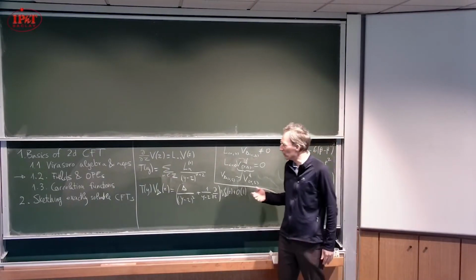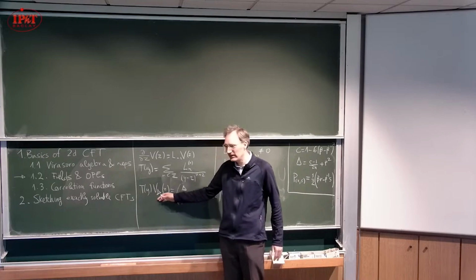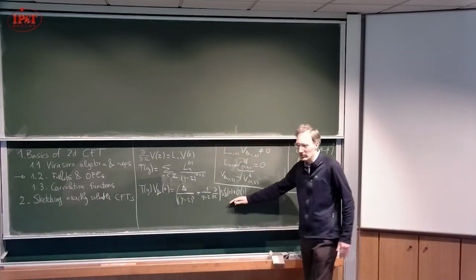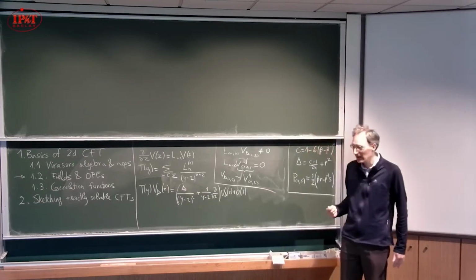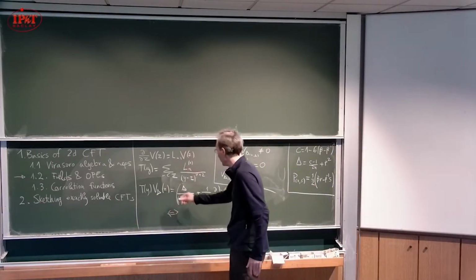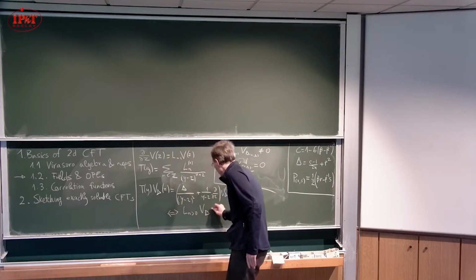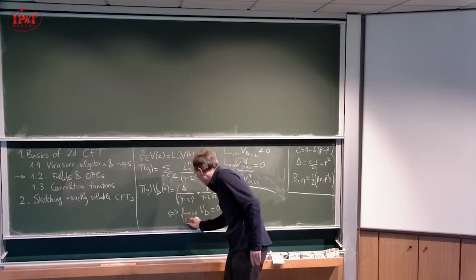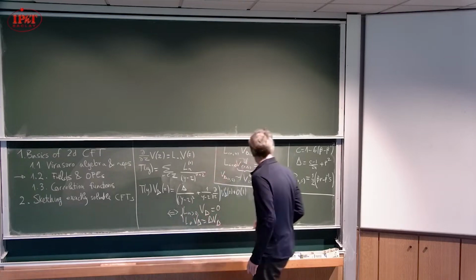And to do that, we use the operator product expansion of T of y with a primary field here. And this operator product expansion is essentially equivalent to the definition of the primary field. Let me remind you, the primary field V delta obeys L_n V delta is 0 for n strictly positive, and L_0 V delta equals delta V delta.